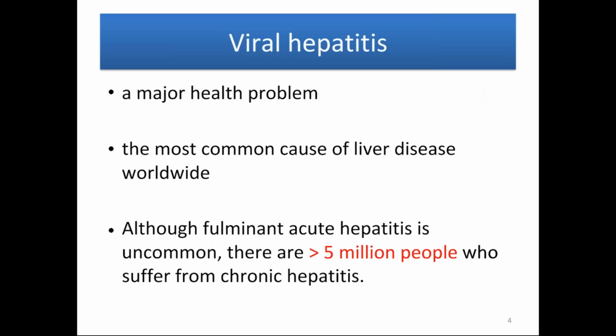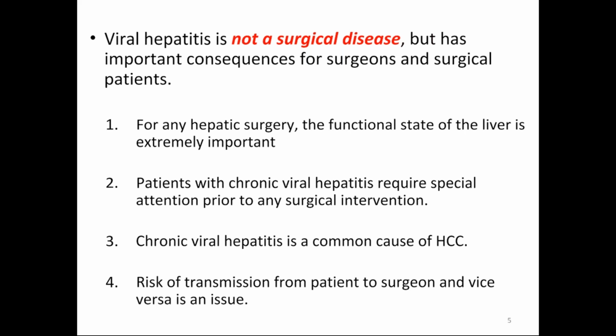Coming to viral hepatitis, it is one of the most common causes of liver disease in the world. I'm broadly saying viral hepatitis; it can be due to hepatitis A, B, or C. It is very uncommon to present as acute liver failure.